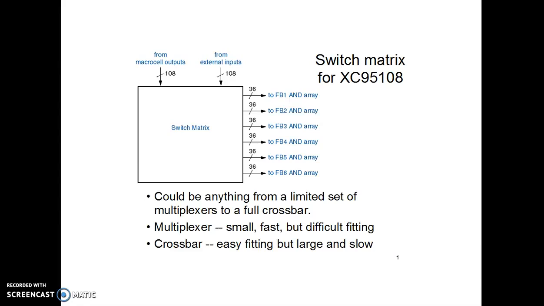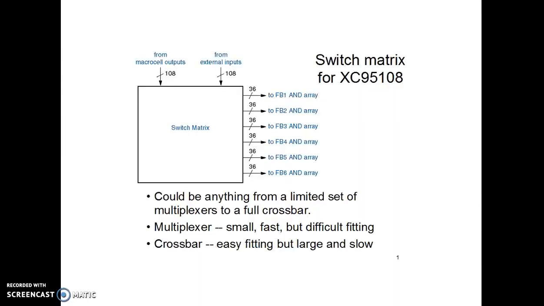All IOB outputs and all function block outputs drive the switch matrix. Any of these 36 inputs may be selected to drive each function block with uniform delay. This is all about CPLD architecture.